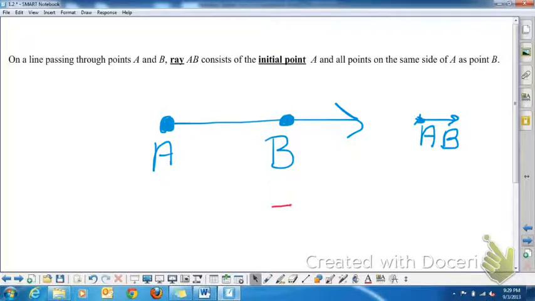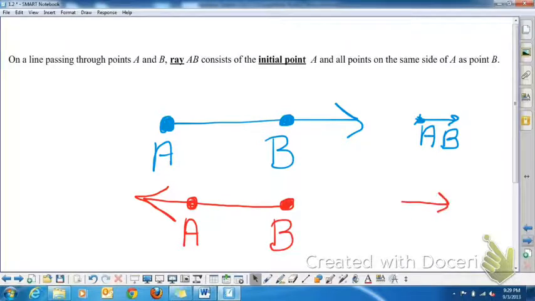If I had a ray that went in this other direction, a ray has one end point, and it was like this, I would name this one ray BA. You always put the end first when you're naming a ray. The end is called the initial point.